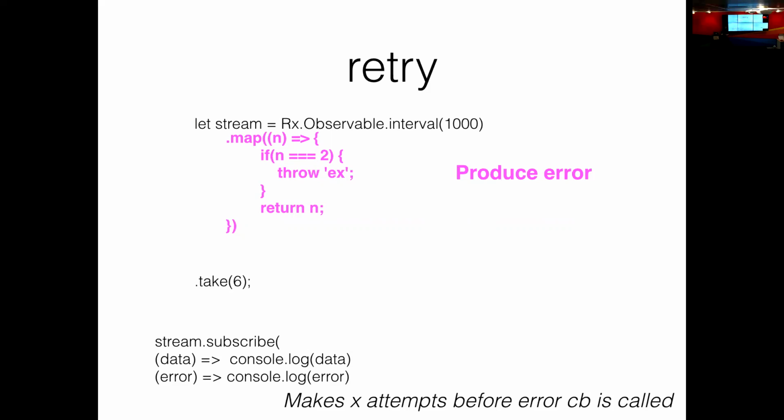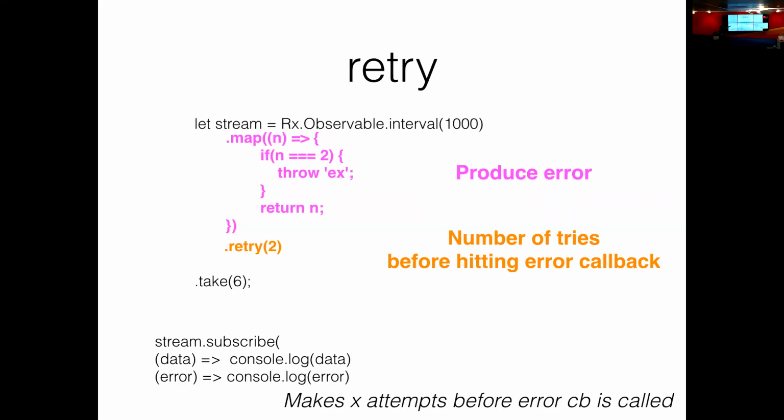If you know this is your situation, the retry operator allows you to do X number of retries before it actually gives up, which means it defers when it calls error. So unless the number of retries has been hit, the error callback has not yet been hit. So it is actually like buying yourself time with the retry. So here it does 2 attempts of retry.